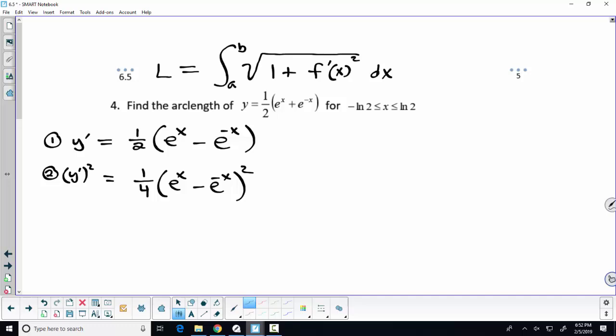And then just keep in mind that the problems in this section, unless you're explicitly using technology to solve these, the problems in this section and on the exam will be explicitly designed so that they are perfect squares. Otherwise, we don't have techniques to mess with them, unless it's a u substitution. So in preparation, before we add 1 to the f prime squared, let's go ahead and expand this. e to the x minus e to the negative x, squared.